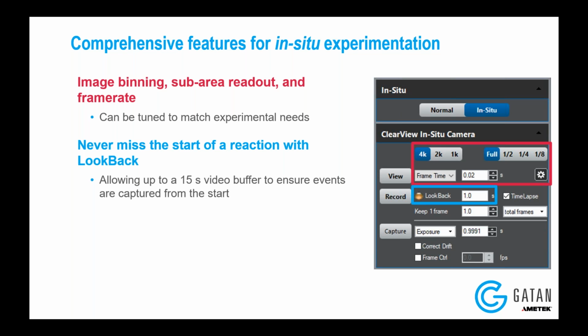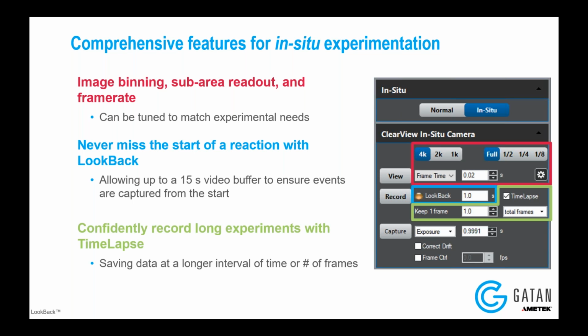So the idea behind that is you don't have to record any data until you see something exciting happen in your sample when you introduce the in-situ stimulus. And if you have the lookback on, the data will start recording the moment you hit record and include up to 15 seconds looking back in time that's appended to the start of your data set. So you don't miss the start of your reaction.